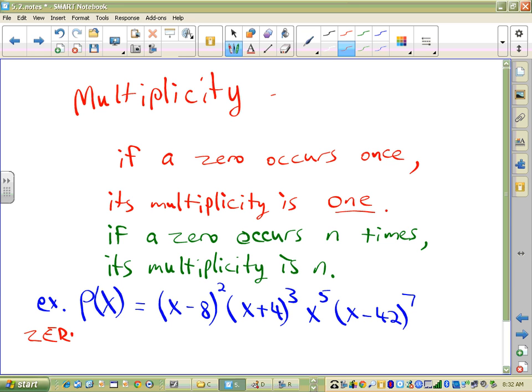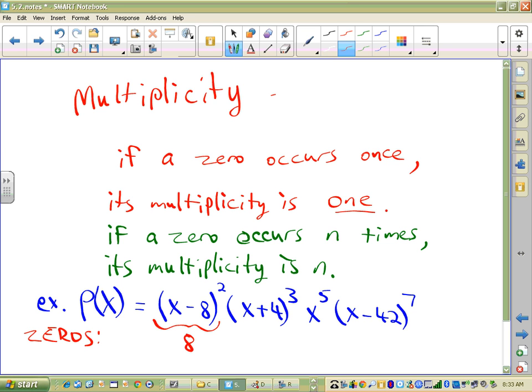Zeros. The zeros, the roots. Because x minus 8 is a factor, what is the 0 with that factor? Somebody said it? 8, good. 8 is a 0.